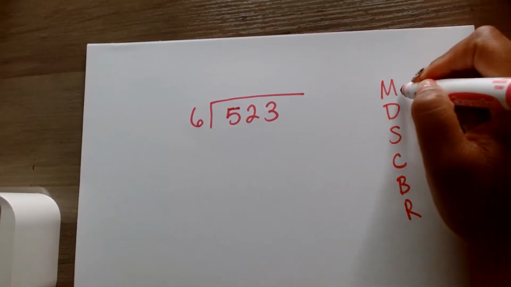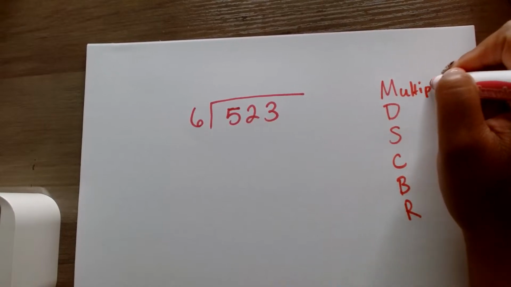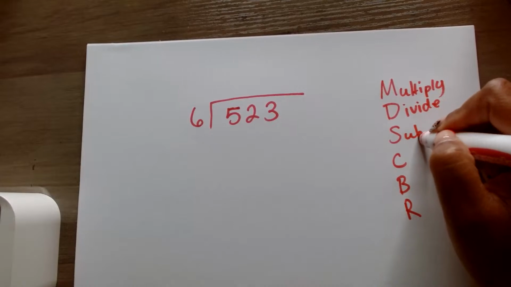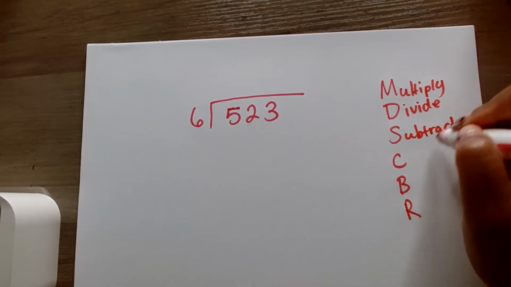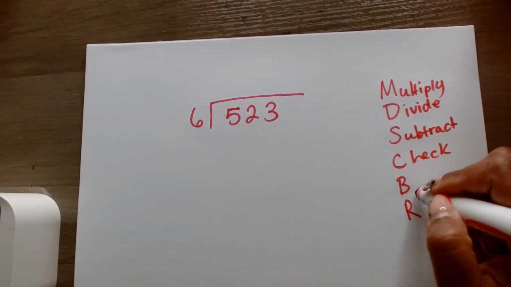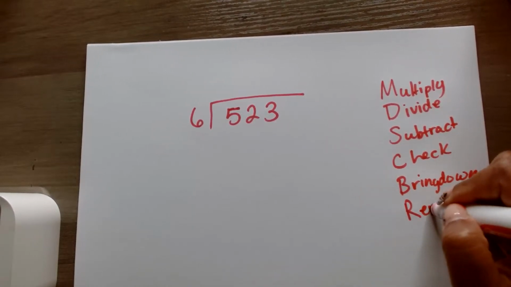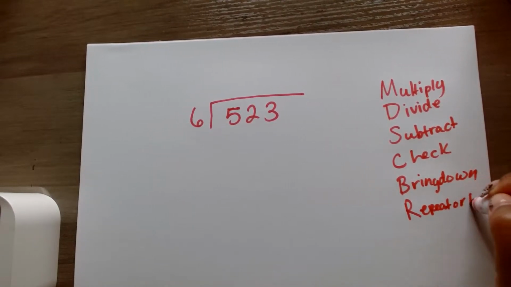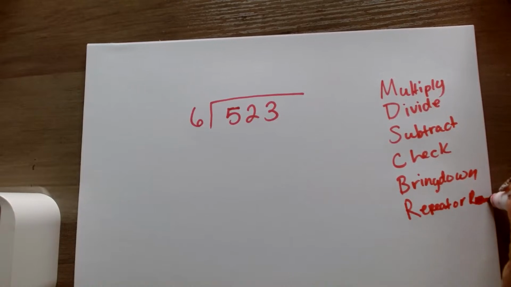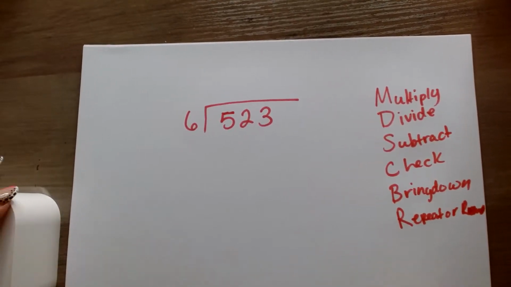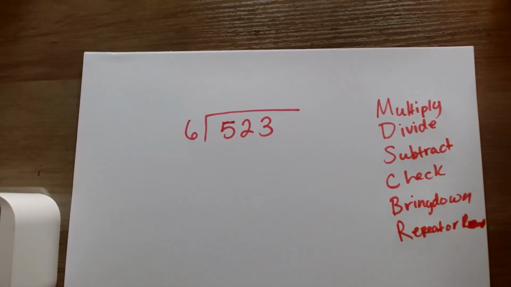And what it stands for is we're going to multiply first, then we're going to divide, we're going to subtract, we're going to check our work, we're going to bring down, and then we're either going to repeat or that will be our remainder. And I know remainder is just not going to be on there really, but that's okay. Thank you so much in the chat.